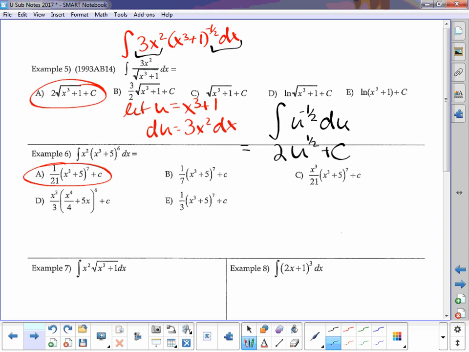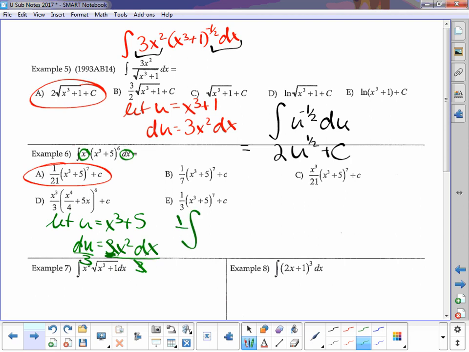Any questions? Okay. 6 required a little bit more work. I'm hoping that we let u be x cubed plus 5, and du was then 3x squared dx. We agree? Okay. Now here I only have x squared dx, so I needed this 3, so you could have multiplied in the 3 and thus had the 1/3 in front, or divide by 3 on both sides, and we end up then with my integral having that 1/3.